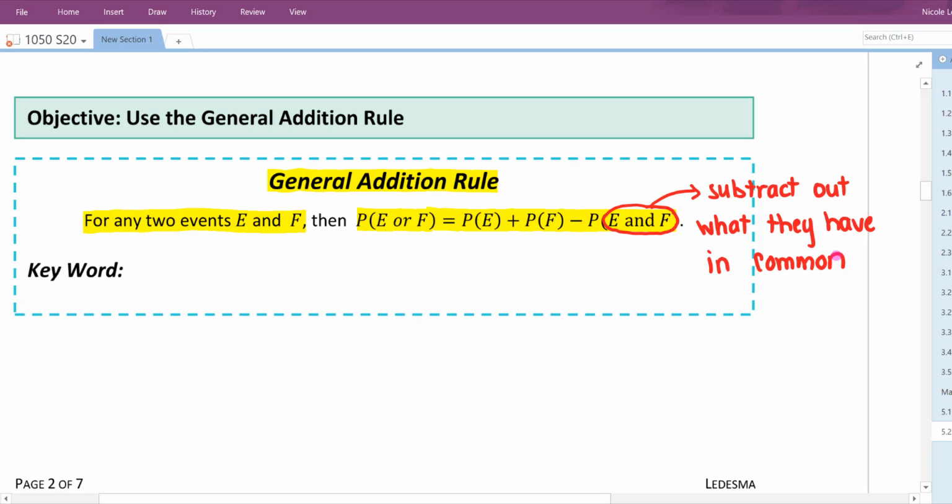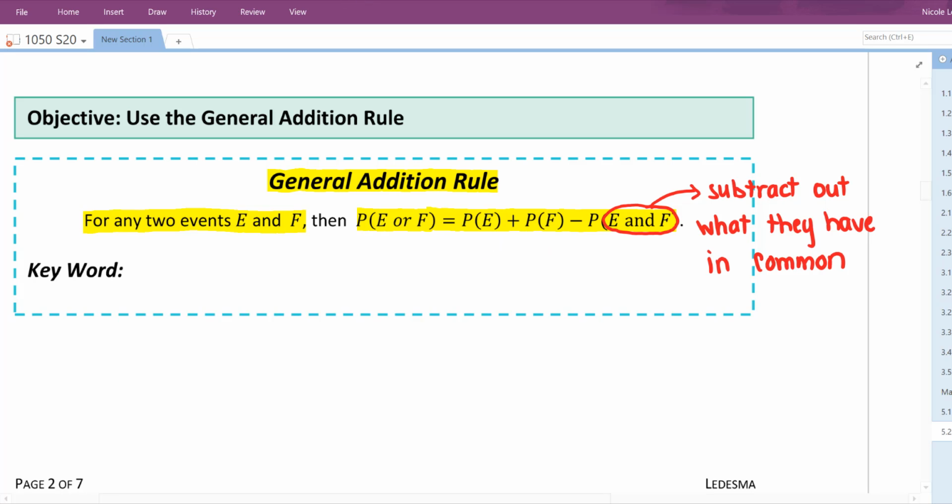If they have two cards in common, you would subtract out those two cards. If they have five cards in common, you would subtract out that five. The only difference is that you're still adding, but you subtract out what they have in common.